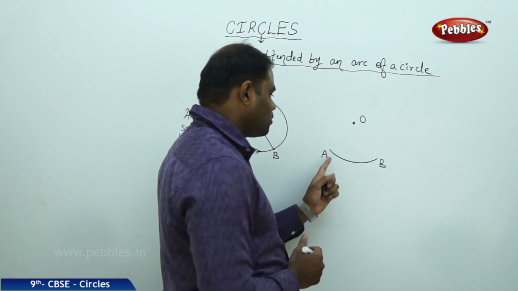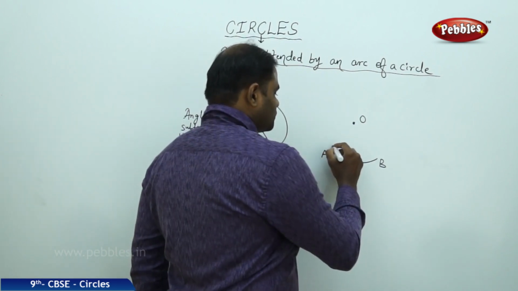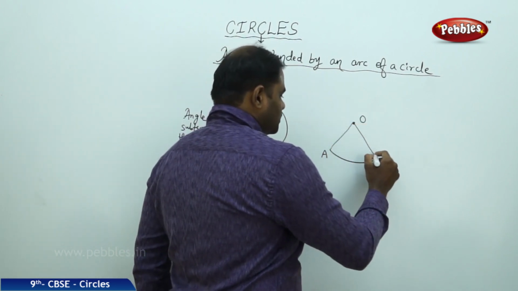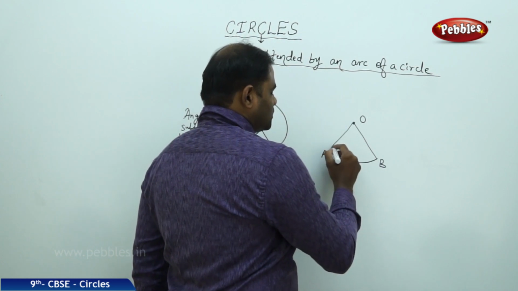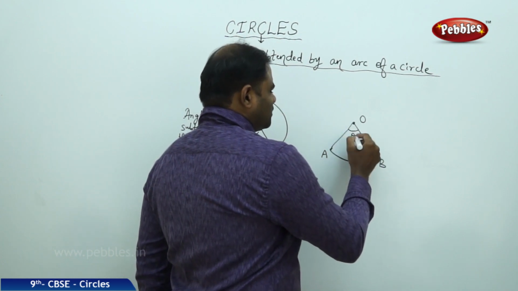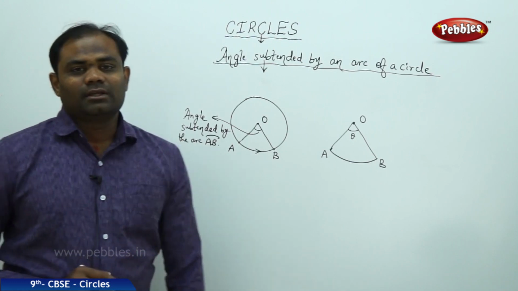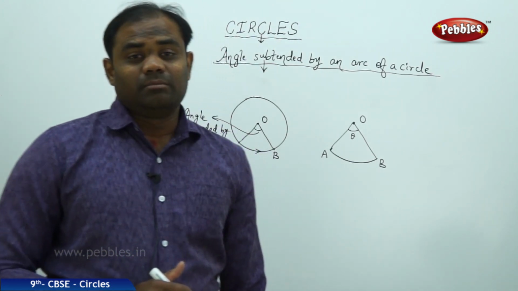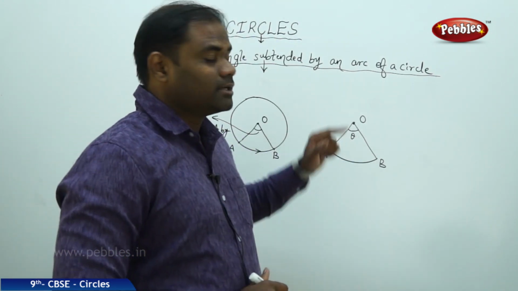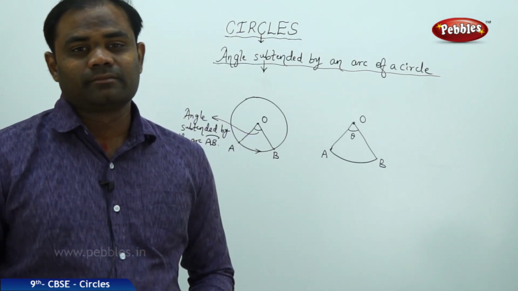So here is the end point which connects, and here is the other end point which connects, and hence we get an angle. So theta is the angle subtended by the arc AB at the center of the circle.